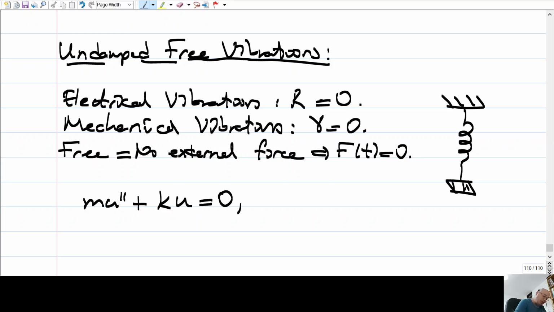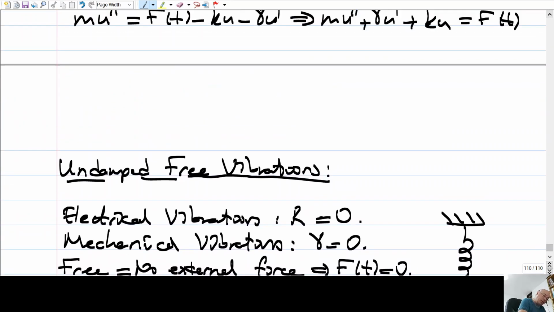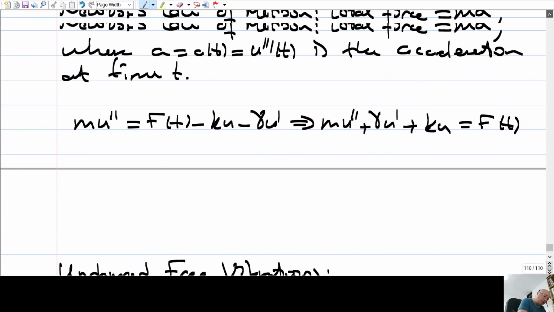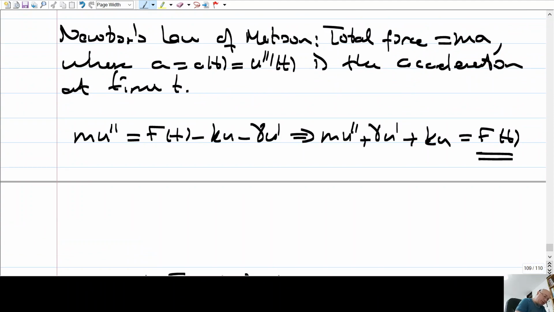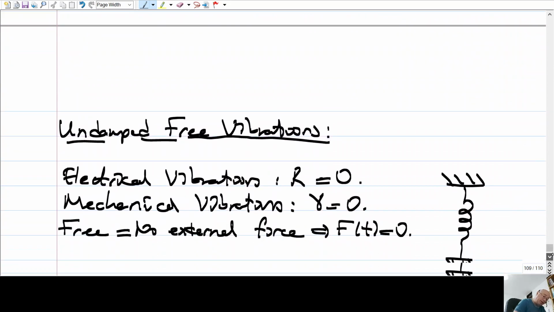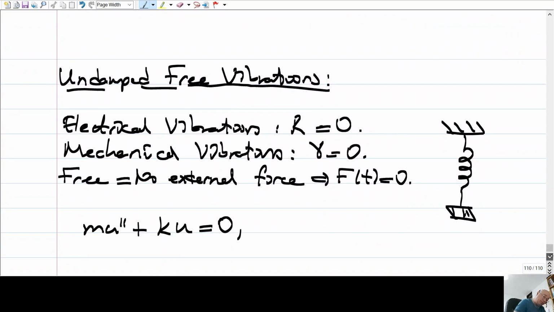So in this equation, let this guy be 0 and the gamma term is 0. So I have just m u double prime plus k u equals 0. We have only this equation.